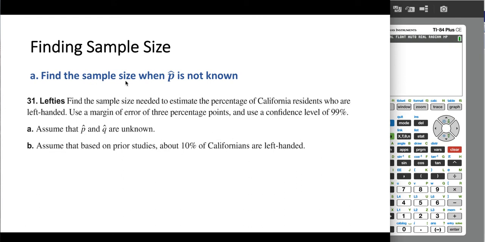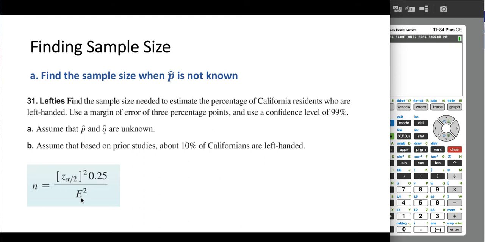So we're going to find the sample size when p hat is not known. The formula that we use when we don't know p hat is the critical value squared times 0.25 divided by the margin of error squared. So in this problem, we have to find a critical value for 99%. You can do that on your calculator or the table that I showed you in the previous video.